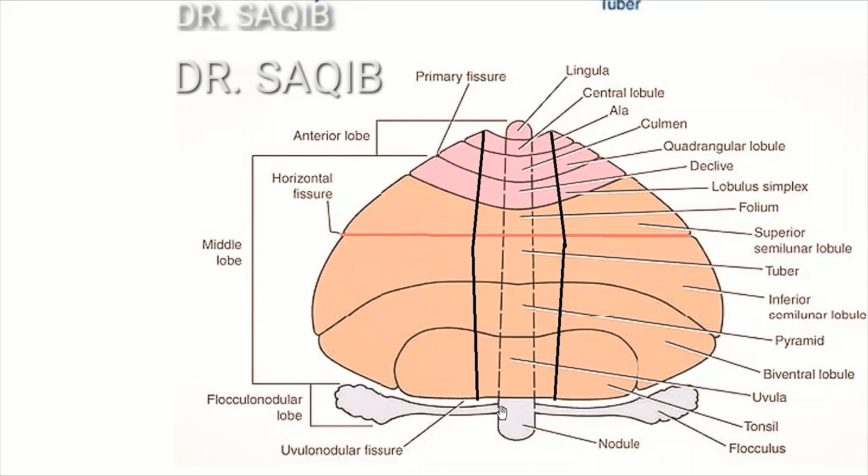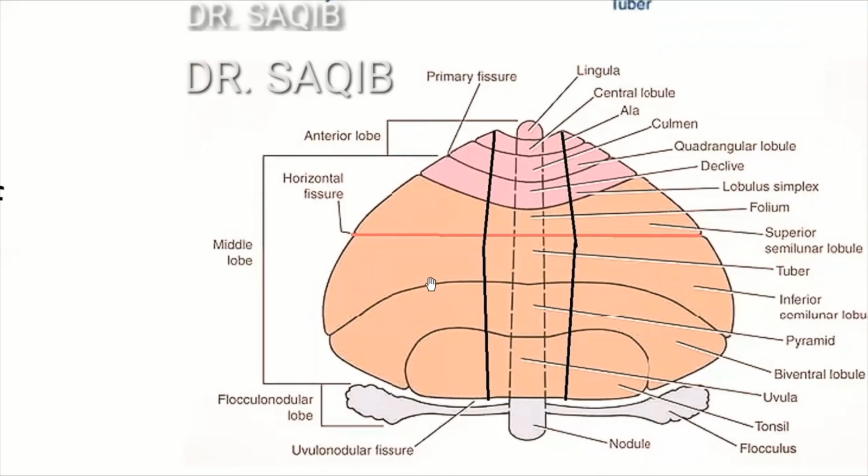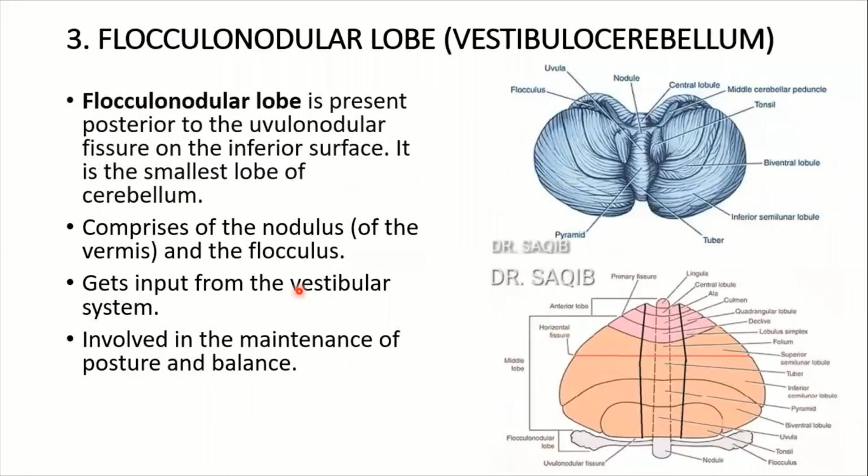And of course, this is the flocculonodular lobe, and here you could see the uvulonodular fissure shown in this schematic manner. So these are the various fissures and parts: this is the anterior lobe, this is the middle lobe, and this is the flocculonodular lobe. There are three fissures: this is the primary fissure, this is the horizontal fissure, and this is the uvulonodular fissure.